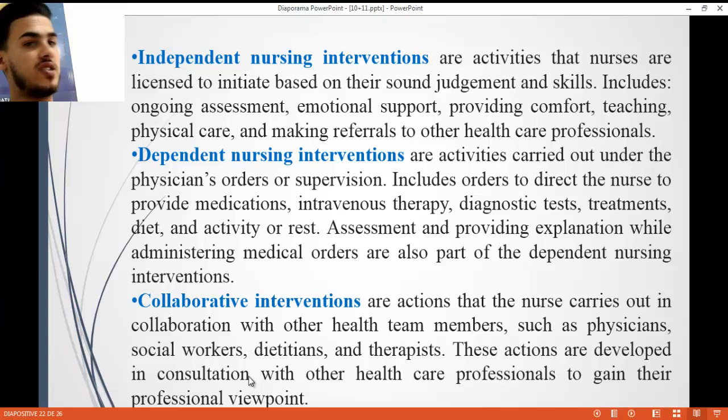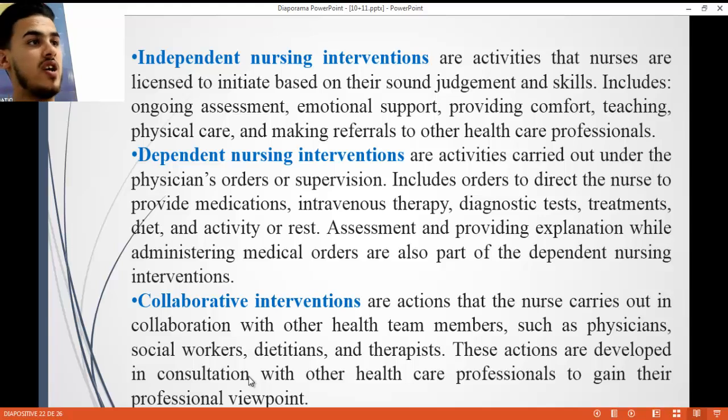The second type is the dependent nursing intervention. These are activities carried out under physician orders or supervision, including orders directing the nurse to provide medication, intravenous therapy, diagnostic tests, treatment, diets, and activity or rest.